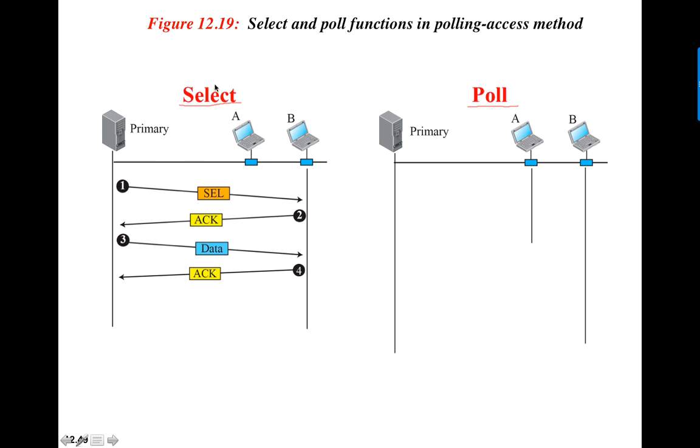Now we said in the next one, here the secondary wants to send to the primary, but it cannot send until the primary contacts the secondary device. So what will the primary do? From time to time, it will send a message called a poll message.